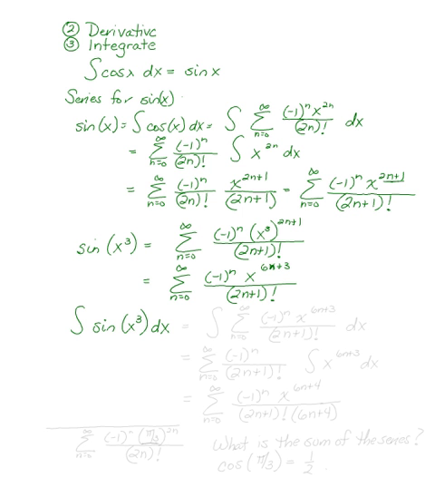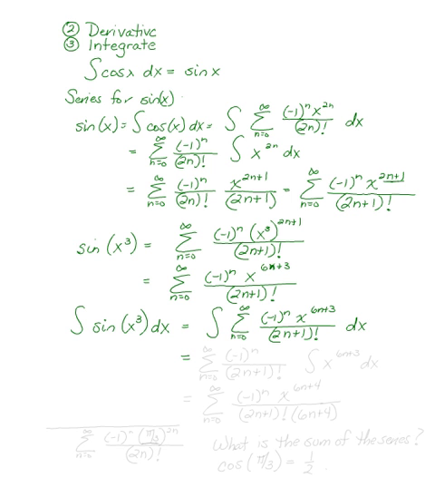But what we can do now is always integrate the Maclaurin series, because remember, the Maclaurin series is basically just a polynomial. So if I want to know the integral of sine of x cubed, I'm going to integrate that series, n going from 0 to infinity, negative 1 to the n, x to the 6n plus 3 over 2n plus 1 factorial.